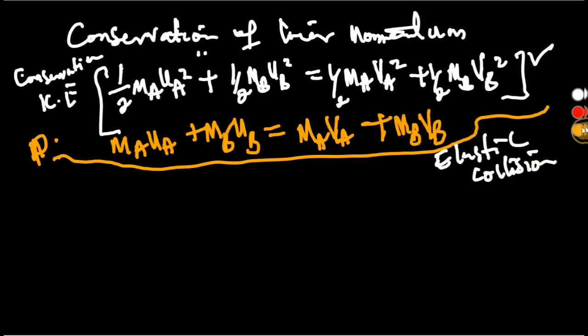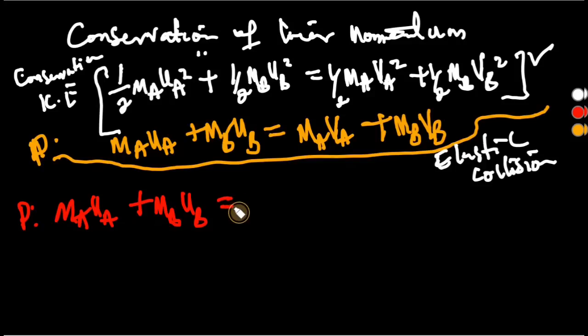Since the velocities are the same for inelastic collision, our equation for conservation of momentum in inelastic collision will be ma Ua plus mb Ub equals, since they collide and move with the same velocity, (ma plus mb) V. So you see that V is common.